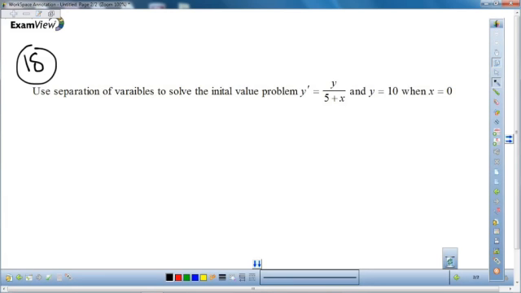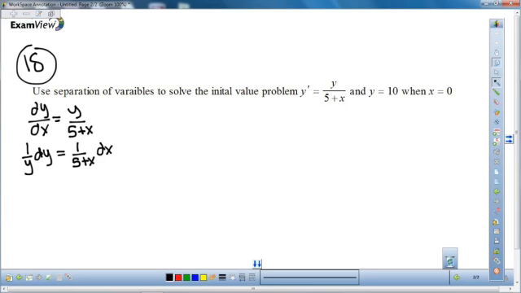Number 18 says, use separation of variables to solve the initial value problem. So the first thing I'm going to do is rewrite the problem with dy dx. Anything that has a y goes on the left, anything that has an x goes on the right. Remember that the dy and the dx always have to remain in the numerator.